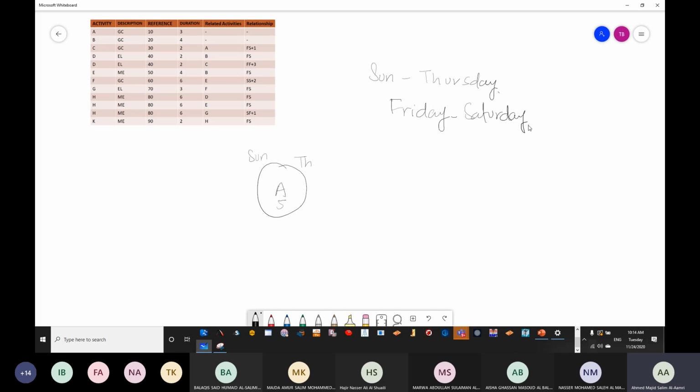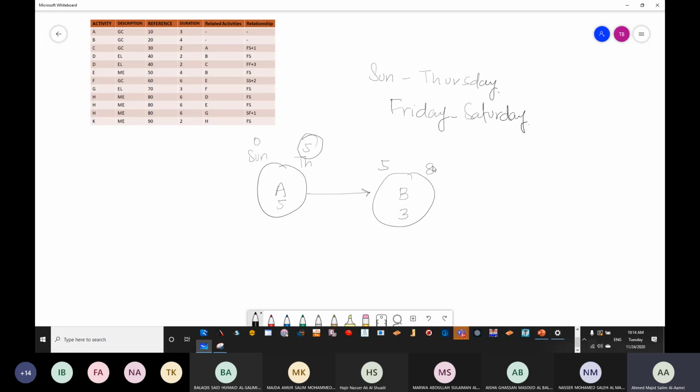Now, when it comes to the ADM, when we have used it, if there is any task coming after A, and let's say that it's B, and B is having a duration of 3, you will see that this is representing 0, this is representing 5 now. We used to take this number, which is 5, and we used to calculate directly. So 5 plus 3 is going to be 8.